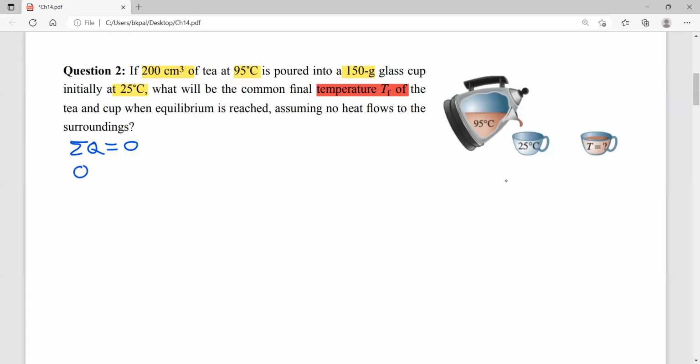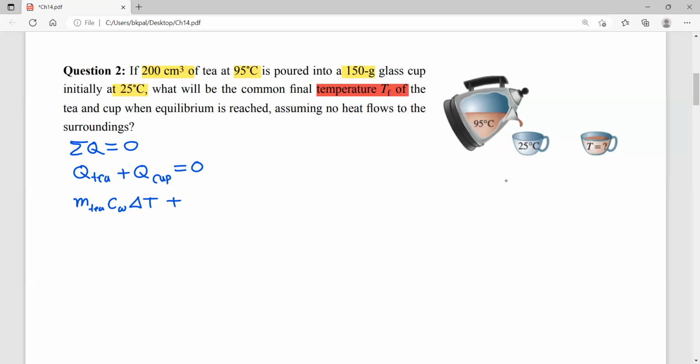So Q tea plus Q cup is equal to 0. Now Q tea will be m tea c water. Actually, tea is almost water, so we assume it is the same as water. So the specific heat capacity of tea is basically the specific heat of water, and then delta T.